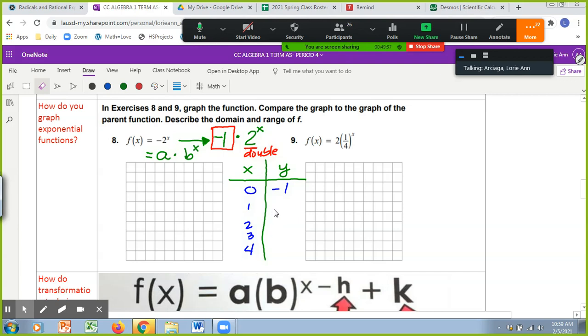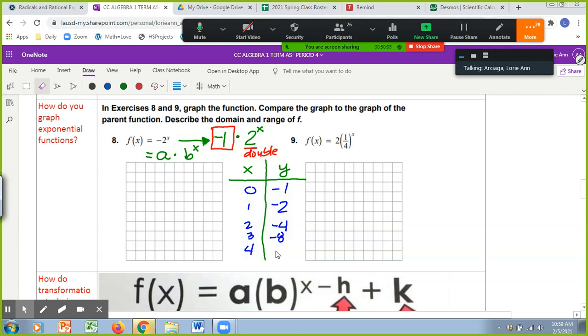Answer in the chat pod. You multiply -1 times 2. -2. Very good. Keep going, Brandon and Juliet, and the others too. Multiply this by 2 again. Multiply by 2. -4. Good job. Keep going. By 2. -8.